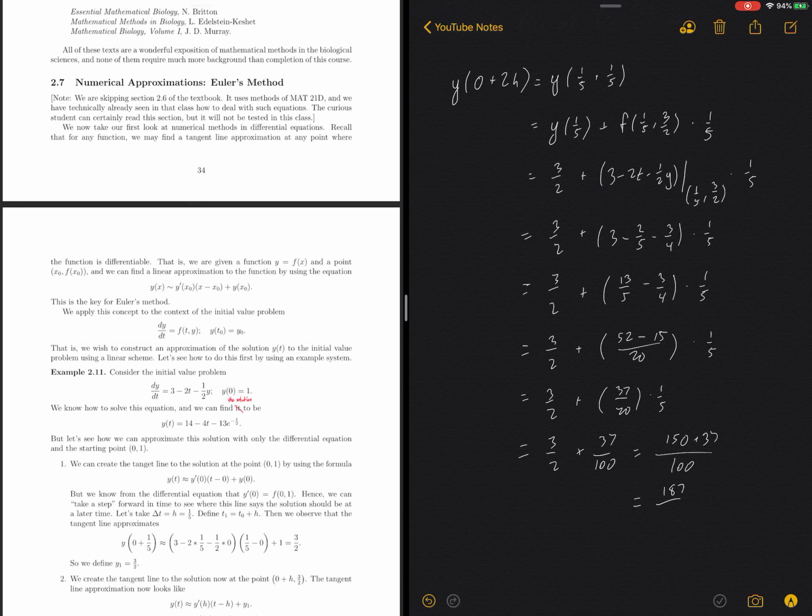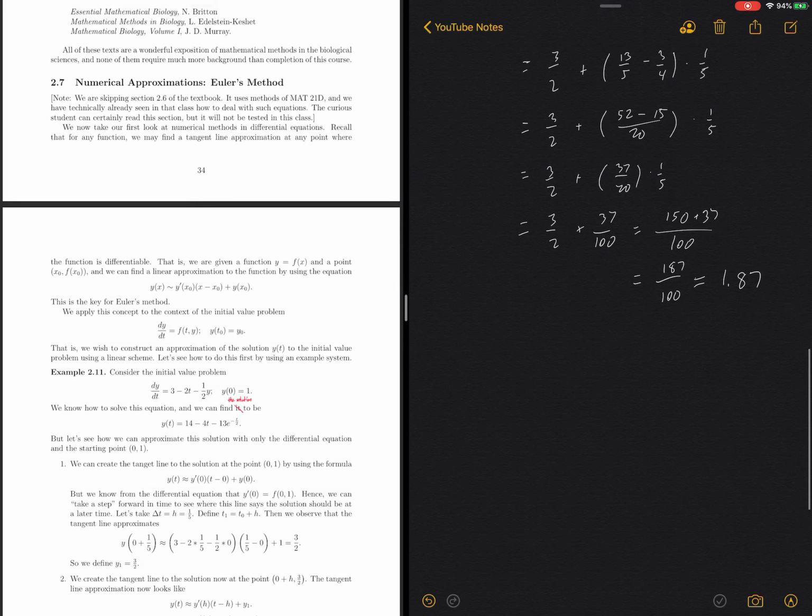And finally, that means we're at, I multiply that by 50, so this is 150 plus 37 over 100, and that is, no, not 200, that is 187 over 100, which is, in decimal form, 1.87. Phew, okay. So I'm starting with an initial condition at n equals 0: t0 equals 0, y0 equals 1.